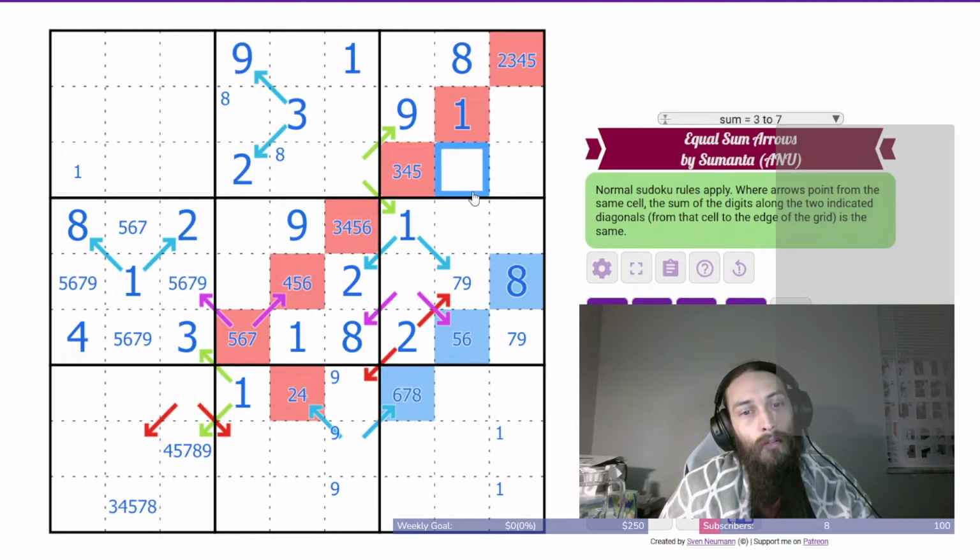If it can't be 3 and 4 in box 5, because the 3 would have to be in cell 3. Yeah. Which places the 3 there.